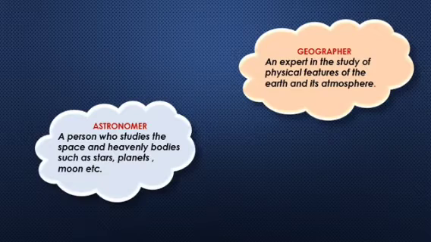Astronomer is a person who studies the space and heavenly bodies such as stars, planets, moon, etc. Geographer is an expert in the study of physical features of the earth and its atmosphere.